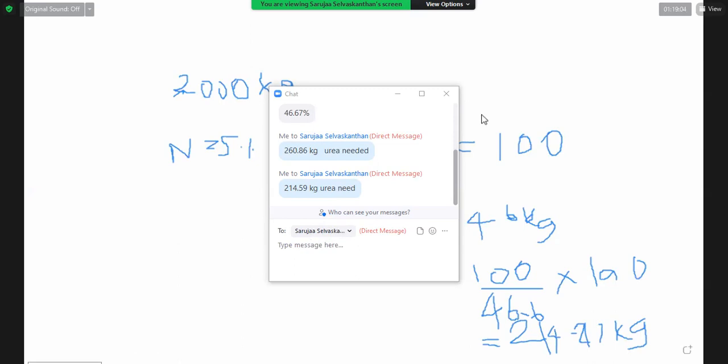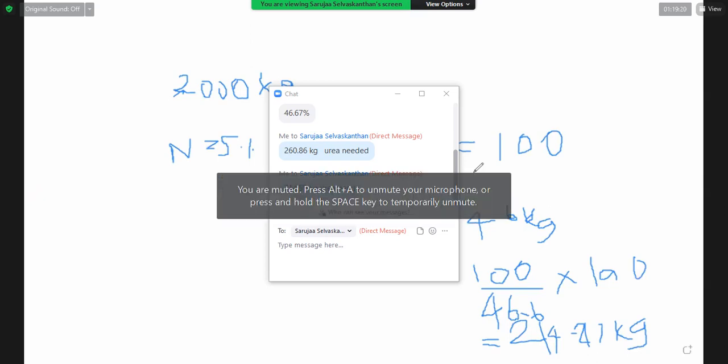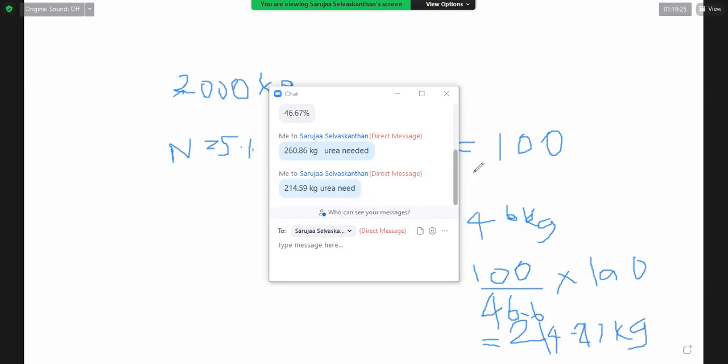Okay, then now you can calculate the phosphorus. How much amount of phosphorus? I explain now. Then you can calculate the phosphorus. One student put the correct answer, but their answer is correct.